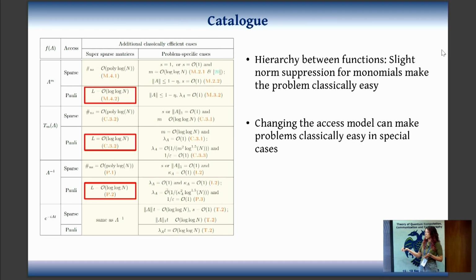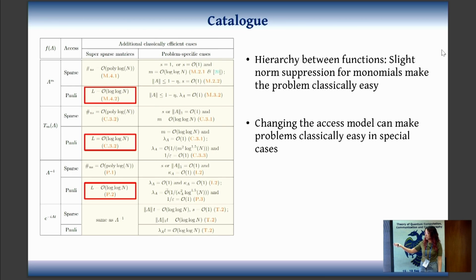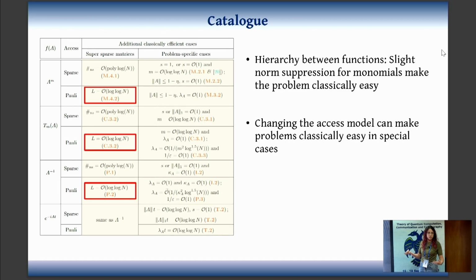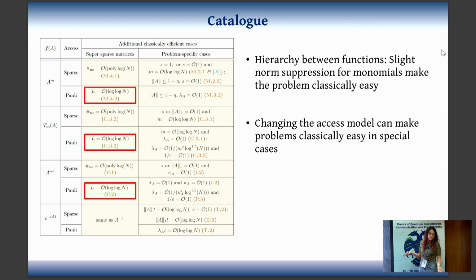But you see that just because you changed your access model, all the problems become classically easy. So exploiting the structure of the matrices also matters for hardness, which should be expected.